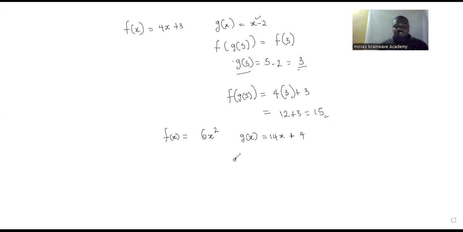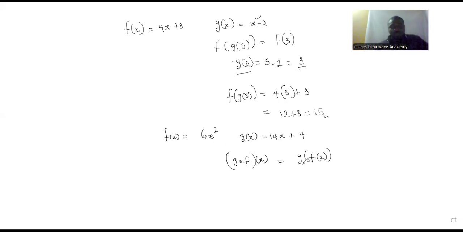Then what is g of f of x, right? So what is g of f of x? Fantastic. So if this is the case, what am I supposed to do?